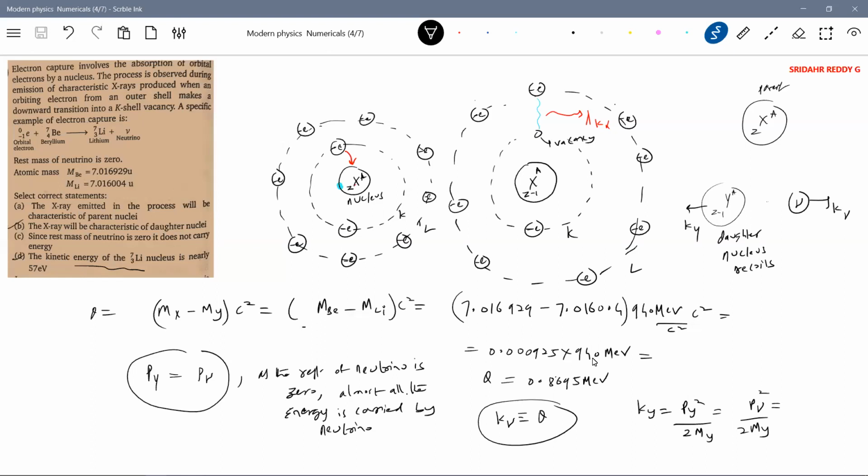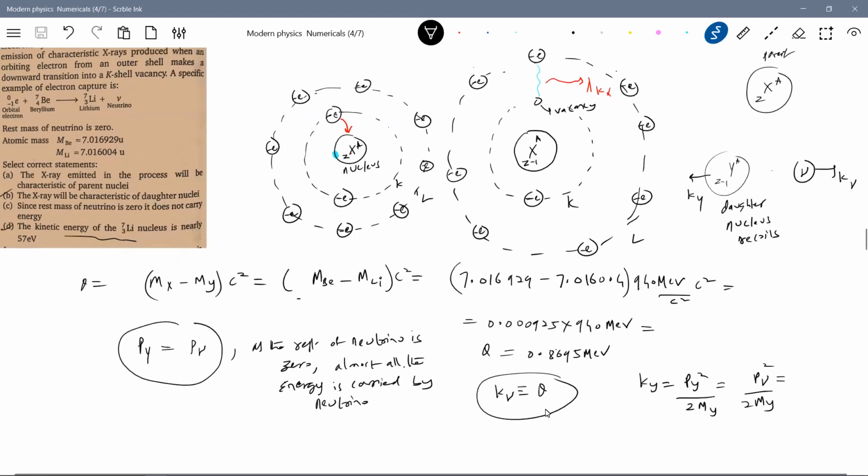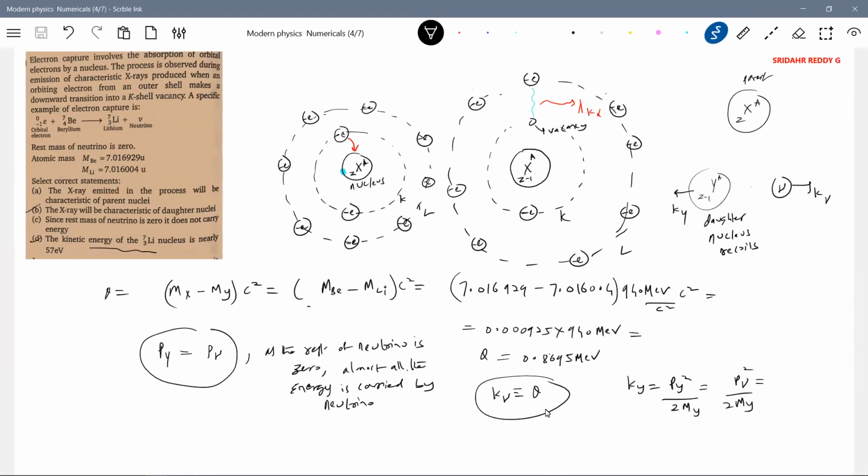For a neutrino, can we use some formula like hc by lambda or any other thing, the momentum? Let me try that. Okay, this is the kinetic energy of the daughter, no, what we needed. So we wanted the expression. So for that, momentum of neutrino is needed.